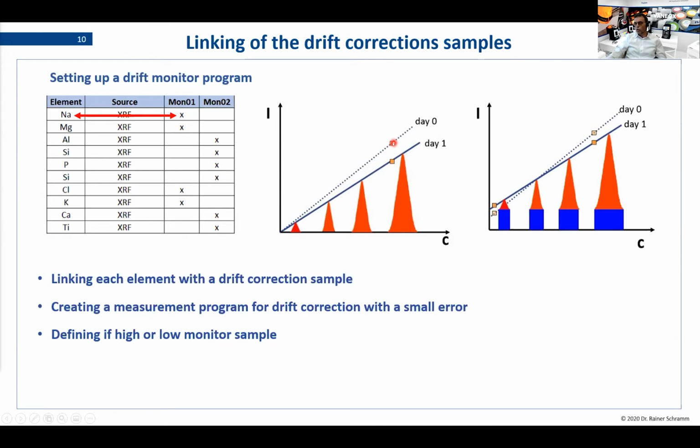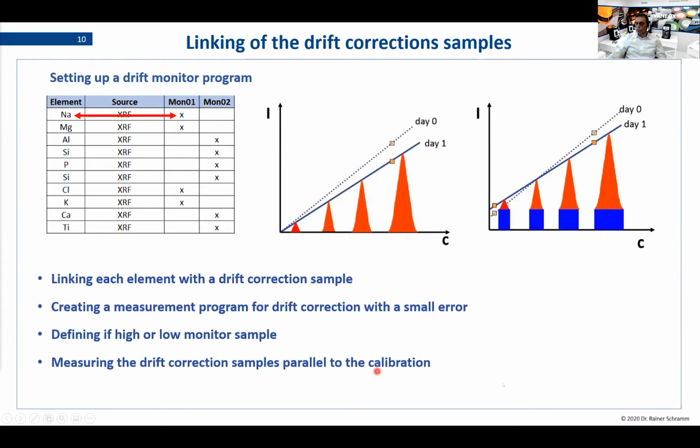Then you measure it just during the calibration, and later on it will always be compared, and a factor is established to correct all the different concentrations for the elements you're looking at. If you have no background measurements, then you should have two drift monitors, one at the low end, one at the high end, and over the two measurements the line is constructed, and then the whole range of concentrations can be corrected.